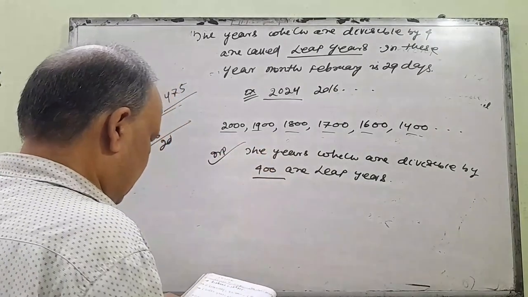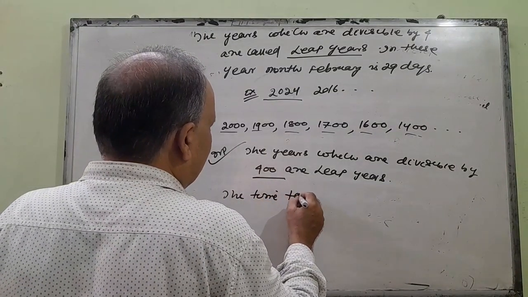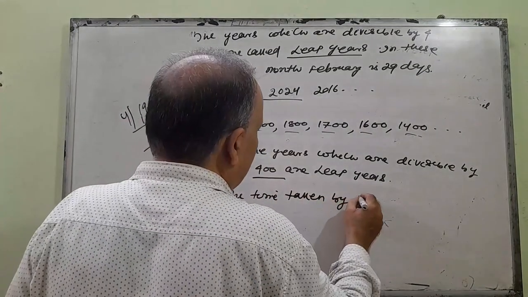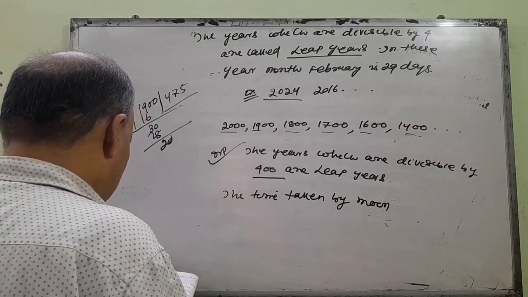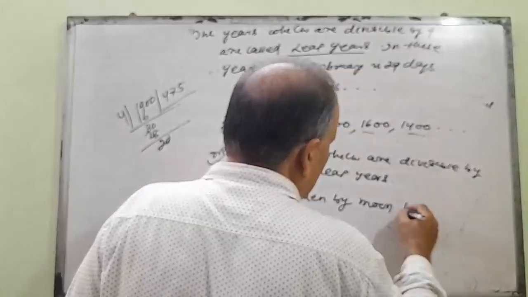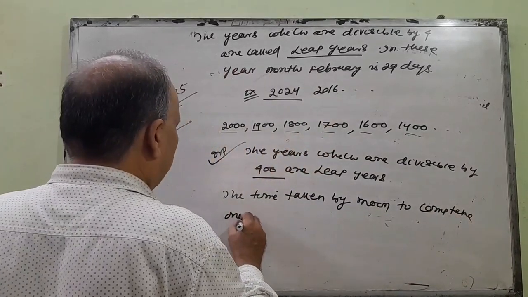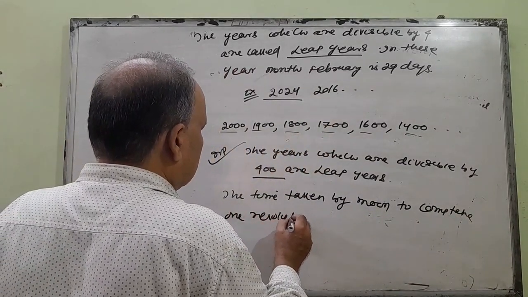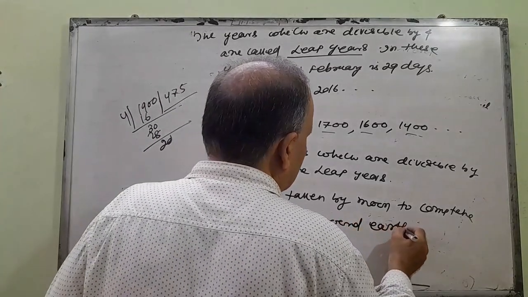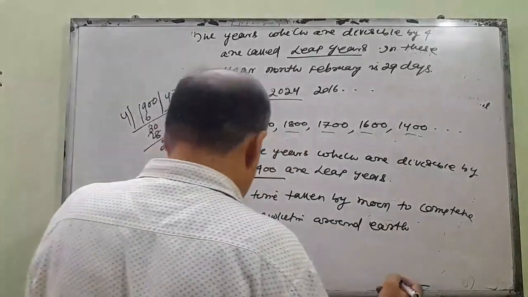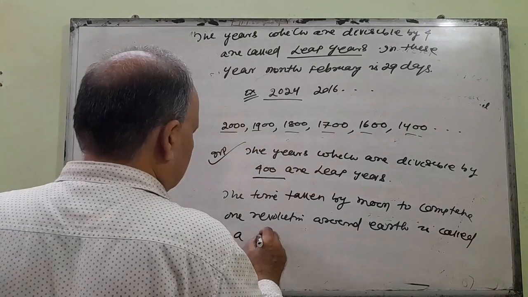Again you see, the time taken by the moon to complete one revolution around the earth is called a lunar month.